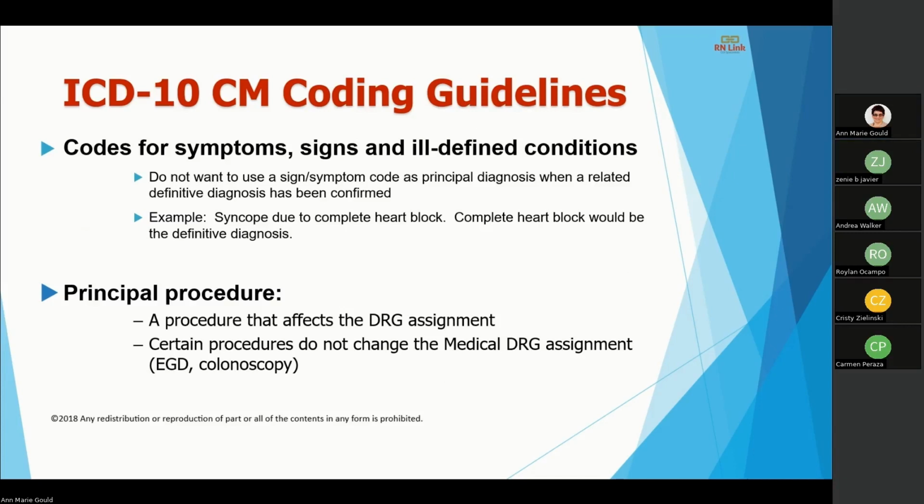So now your principal procedure guideline states it's a procedure that affects the DRG assignment. Now, certain procedures like your EGD or colonoscopy may not affect or change that medical DRG assignment to a surgical DRG assignment.